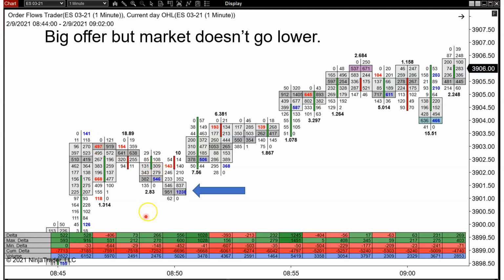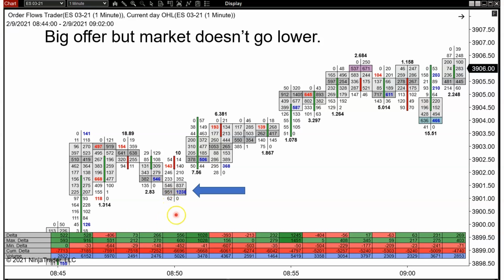Obviously, you got delta increasing as you're going down, 73, 266, 566, right? Why we had positive delta increasing as the market's going down is because you got a big seller in here. Someone's just trying to get stuff off their books or whatever. It doesn't matter.